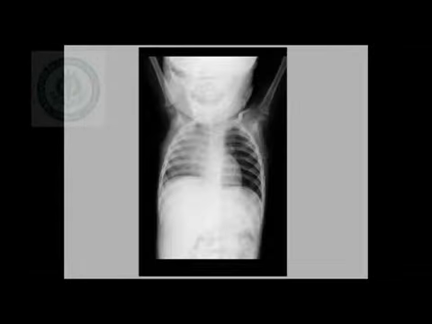Now again we will go to the silhouette sign, where you see an opacity on the right side, but this opacity is obscuring the right heart border, while the right dome is very clearly made out. So we will put the pathology in the right upper lobe and right middle lobe, definitely not in the right lower lobe.